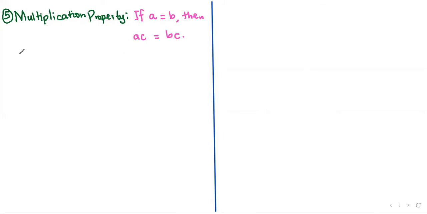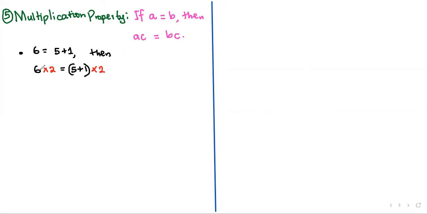So it's like, let's say, 6 is the same as 5 plus 1, then 6 times 2 is equal to 5 plus 1 times 2.